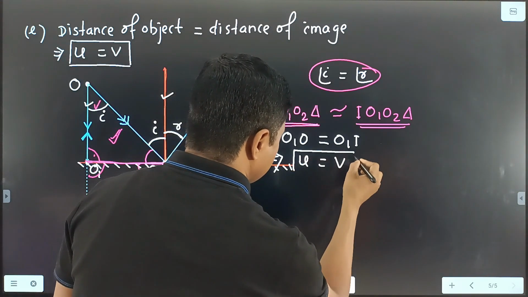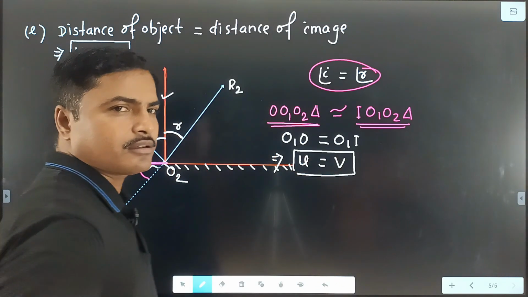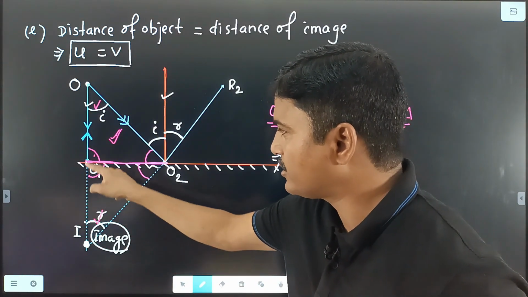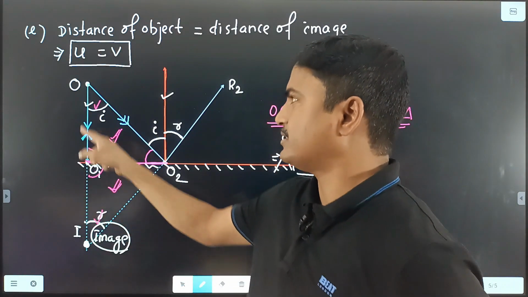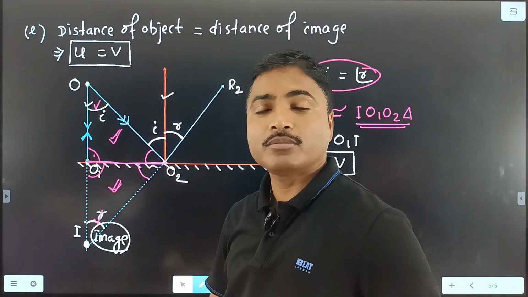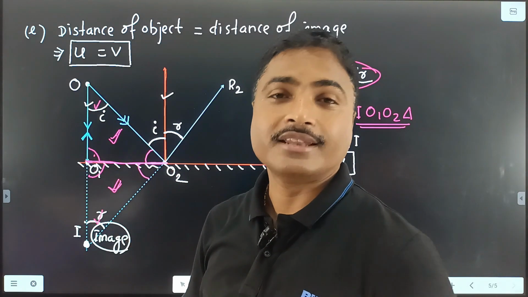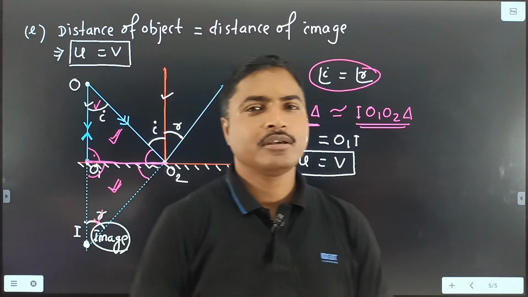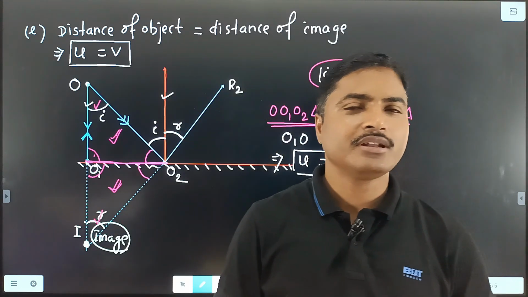For image distance we write V. Clear? That means always the distance of the image from the plane mirror is the same as the distance of the object from the plane mirror. And these are the properties or characteristics of an image formed by a plane mirror.